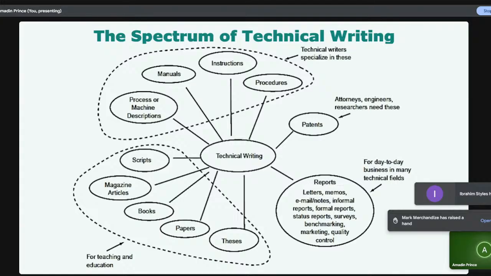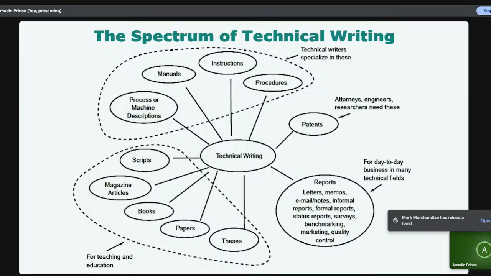Now we move on to the spectrum of technical report writing. I sent this in the group chat around 6 o'clock or so, which I used to explain a question asked by a student. So this shows the various sections involved in technical report writing. Like I said in my voice note before, technical report writing is the umbrella of every one of them: final year project, IT report, patent, script, letter, memo, and so on.